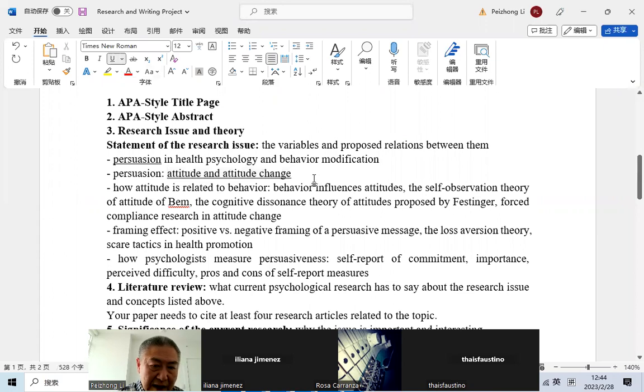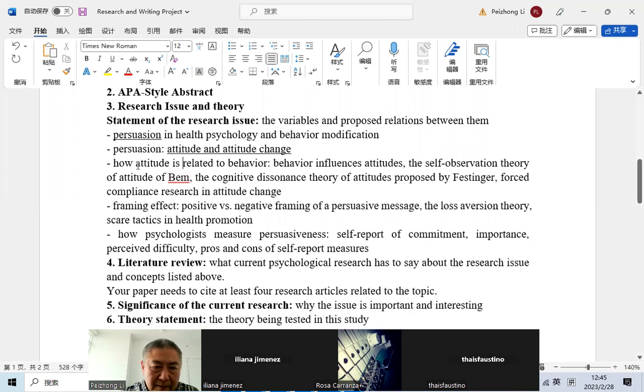In our project, we're trying to study the attitude towards the flu shot, getting flu vaccination, and how we persuade people to have a positive attitude toward the flu shot.